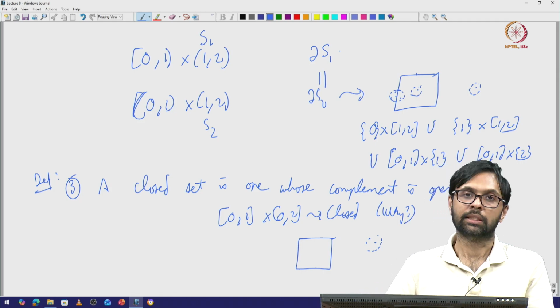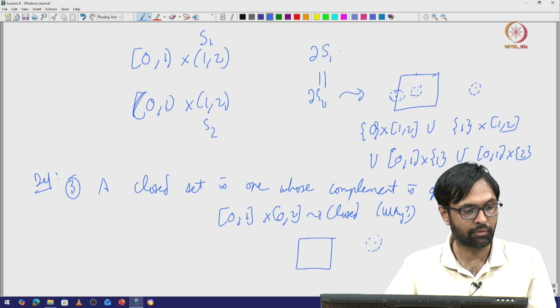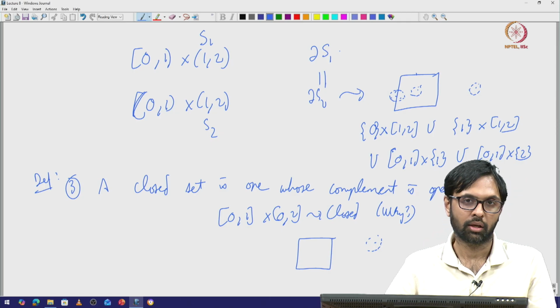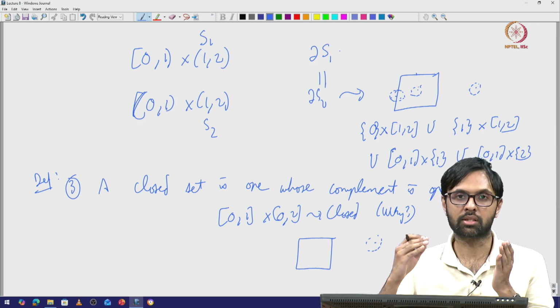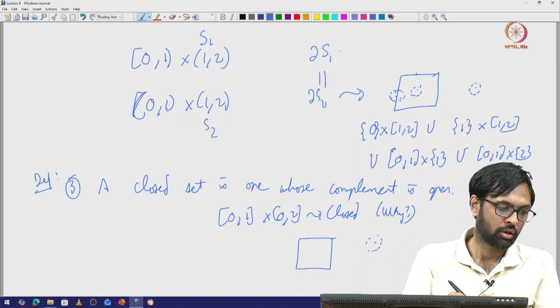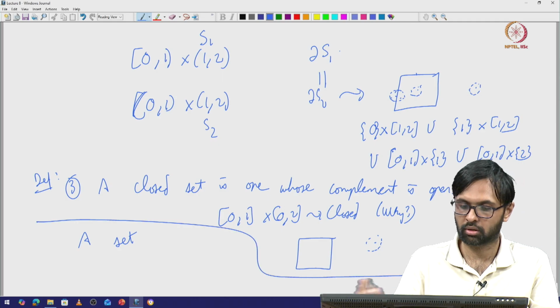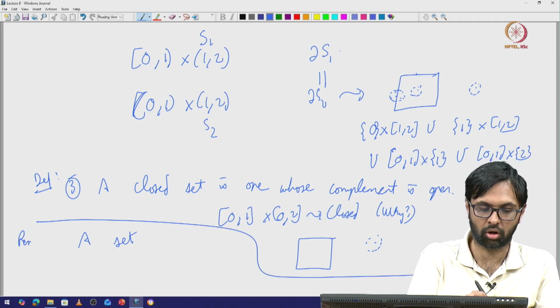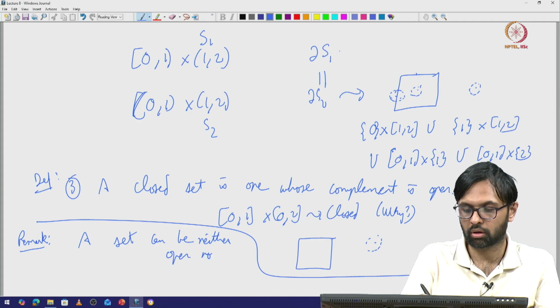But these definitions are very subtle, right? Closed and open sets are not like doors. It's not like every set is either one or the other, right? So, maybe this remark or caution if you wish, a set can be neither open nor closed.